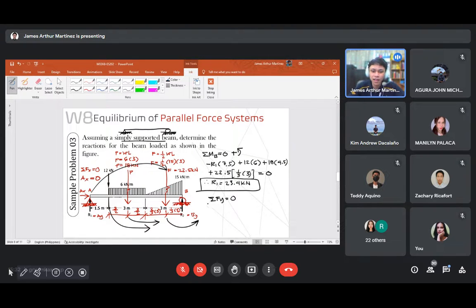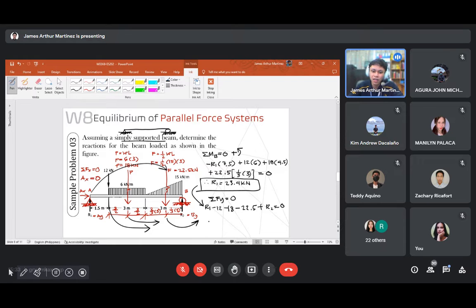So what are the forces on the y-axis? You have R1, right? R1 is upward, so positive. Minus 12, since it is downward. Minus also 18, the equivalent concentrated load of the uniformly distributed load. Minus 22.5 plus R2 equal to 0. Positive R2 since the direction is upward.